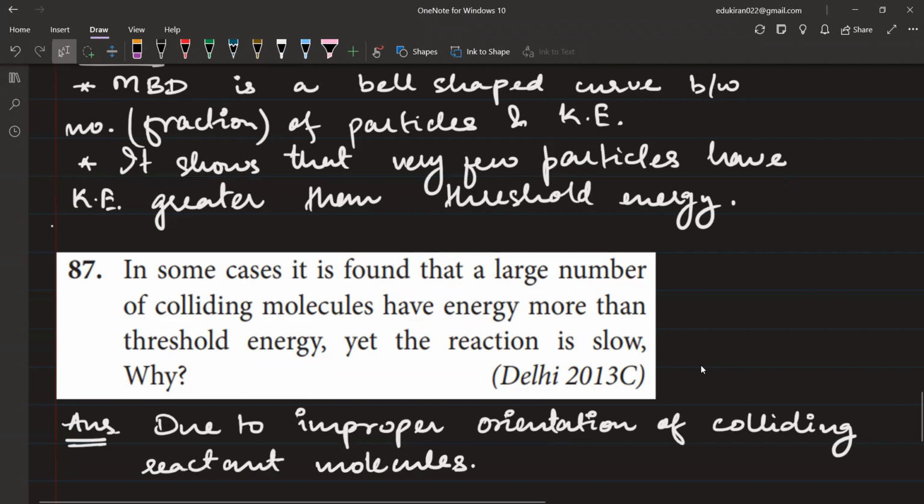And there cannot be any other reason. If both things were right, then the reaction should have been fast, but they are saying that it is not fast, it is still slow. That means the orientation must have been bad. It should have some improper orientation.